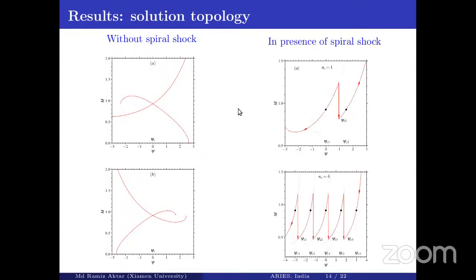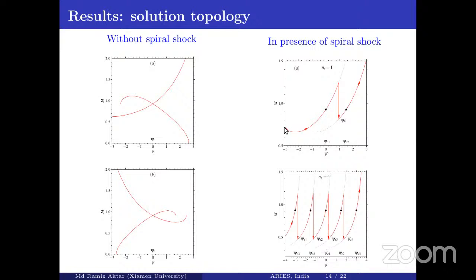If we change the flow parameter accordingly, or the binary parameter, we can have the spiral shock in the flow. Here we choose the number of shocks as 1. That means in this type of flow there will be only one shock before reaching the primary star surface, and this is for number of shocks 4.